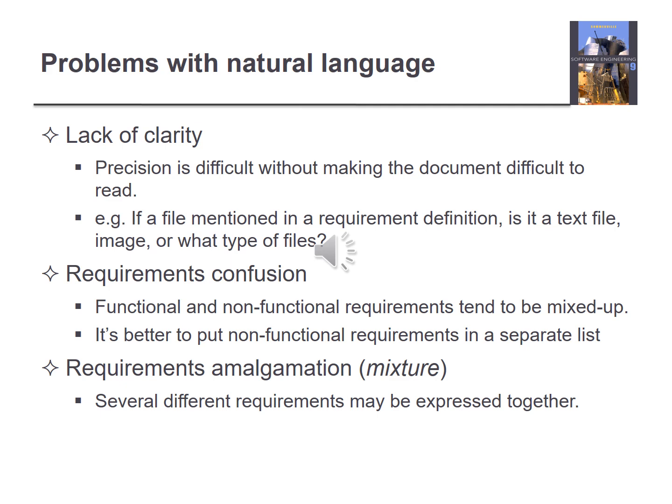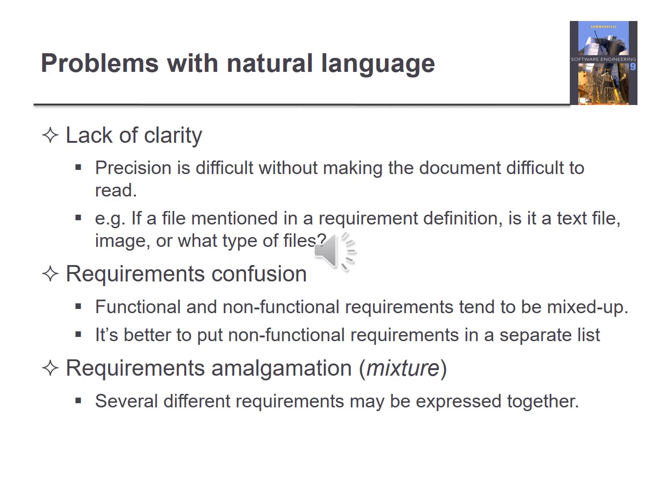The second problem, requirement confusion. Functional requirements, non-functional requirements, system goals and design information may not be clearly distinguished. You cannot really distinguish between this and that one, functional or non-functional. They mix them up. It is better to put non-functional requirements in a separate list from the other ones.